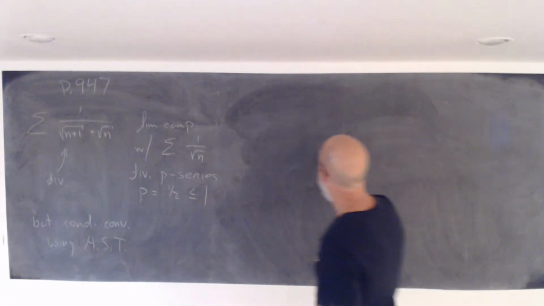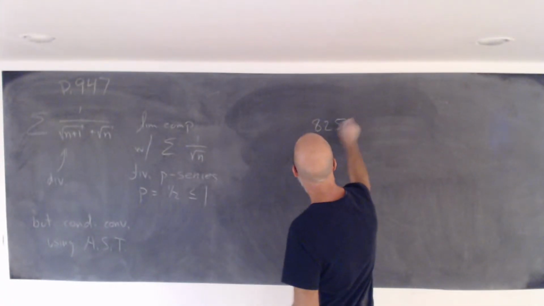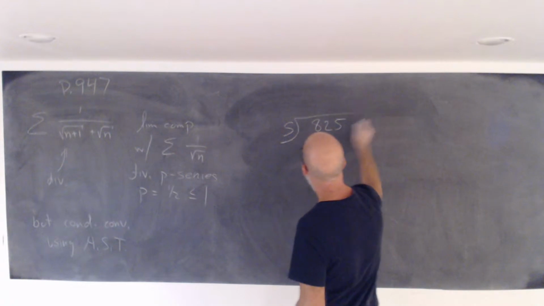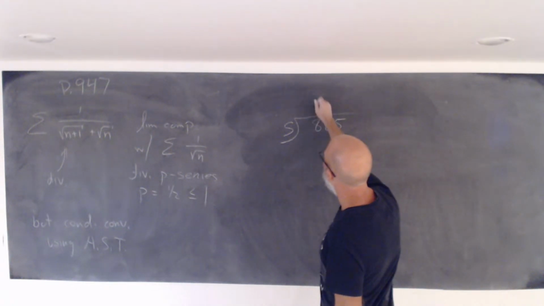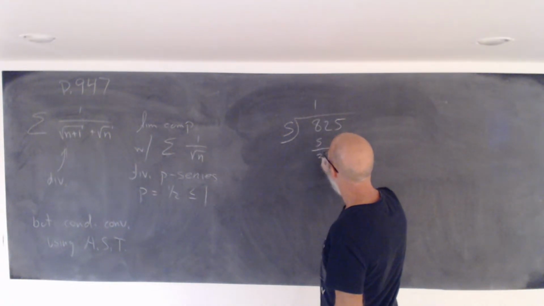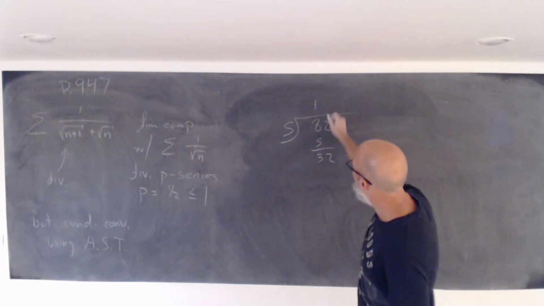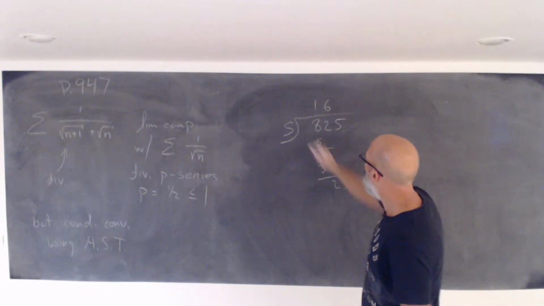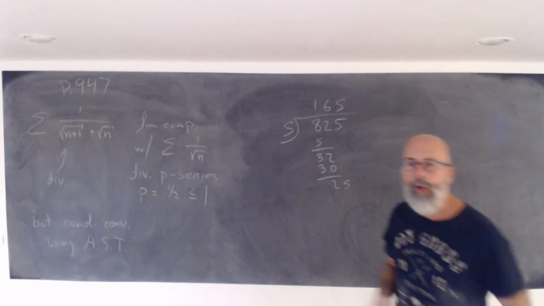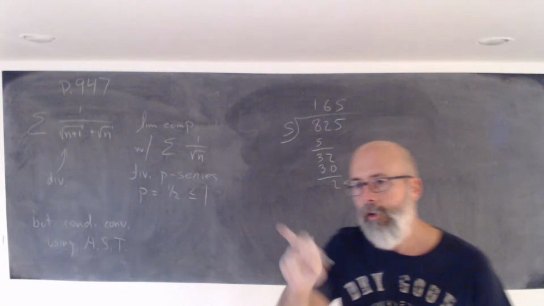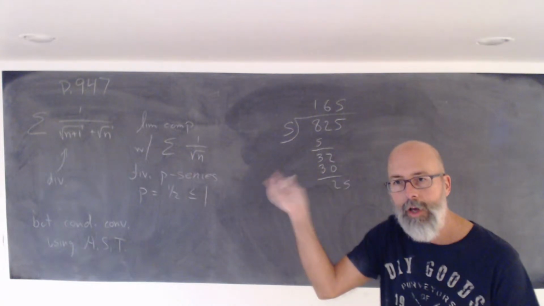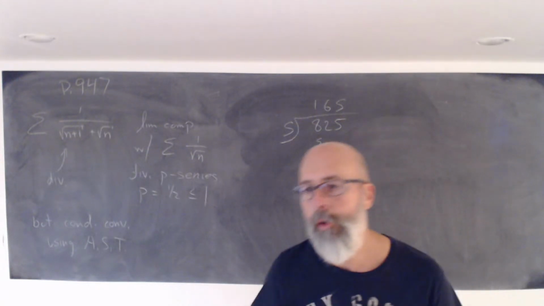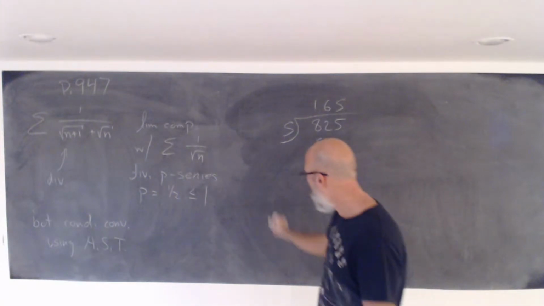Right, like 825 divided by 5. How many times is 5 going to 8? It goes in once. And then 5 into 32 goes in 6 times. Subtract. Maybe if you learned it the European way, it's the other one, but polynomials, sure.